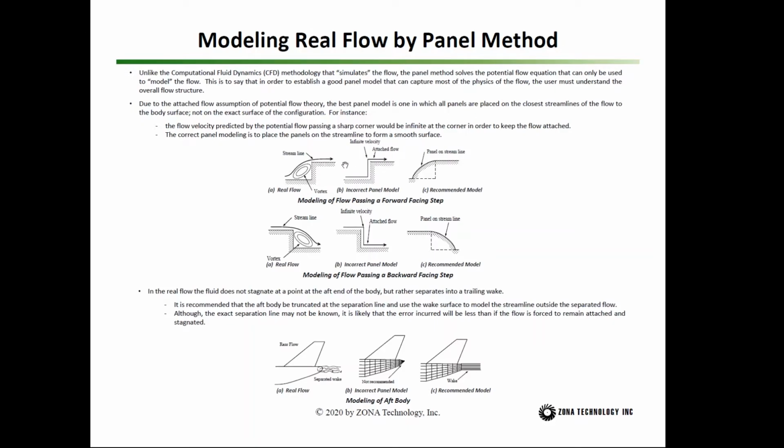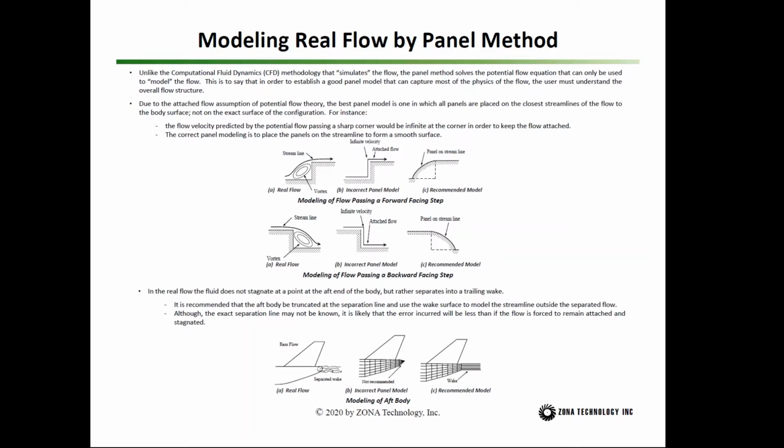For example, if you have a configuration like this, in the real flow the streamline will go above here, and inside will be a vortex underneath the streamline. However, if you use ZONAIR to model the exact surface, then when the flow reaches here, you will have a 90-degree turn that creates a very, very high velocity, thereby creating a very, very low pressure region.